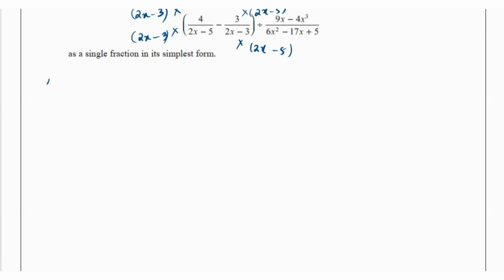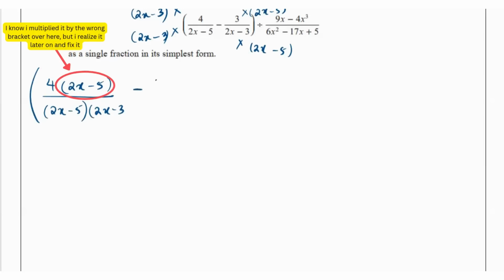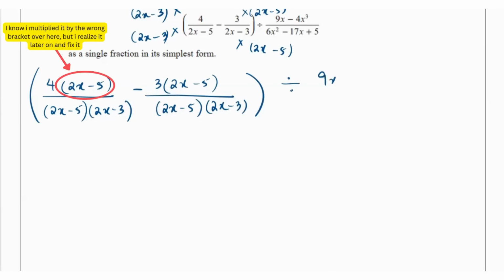So that's going to give us 4 times 2x minus 5 over 2x minus 5 times 2x minus 3, minus 3 times 2x minus 5 over 2x minus 5 times 2x minus 3. And this is divided by 9x minus 4x cubed over 6x squared minus 17x plus 5.